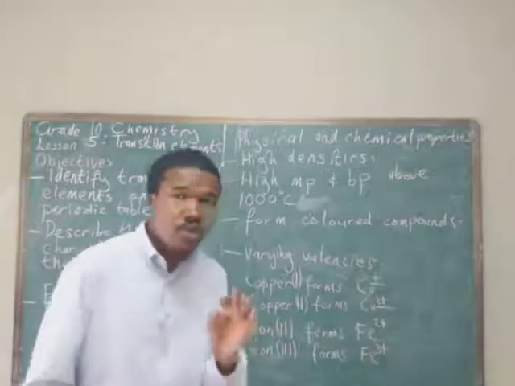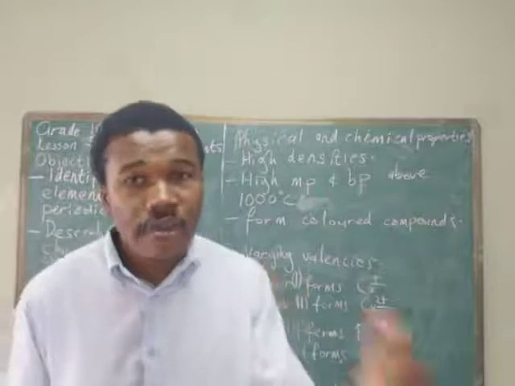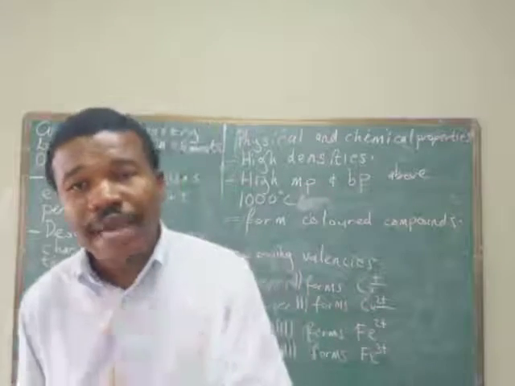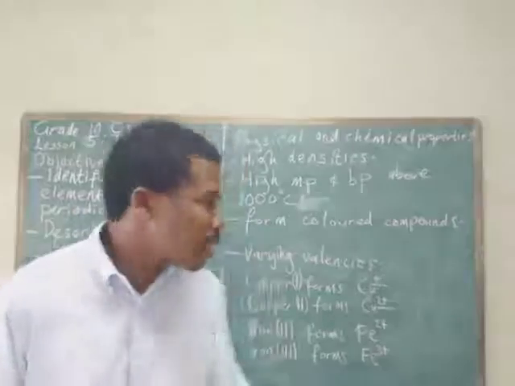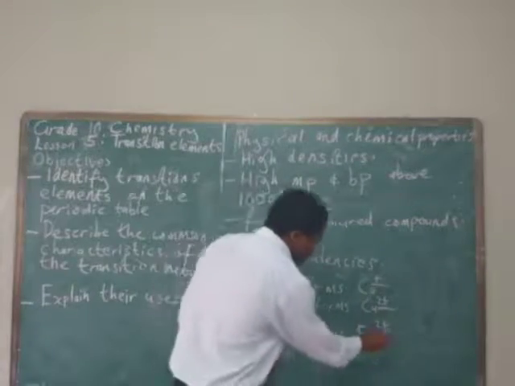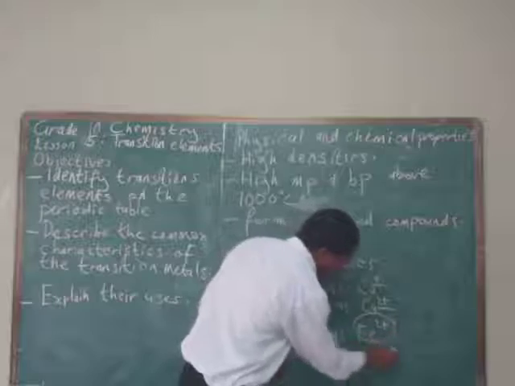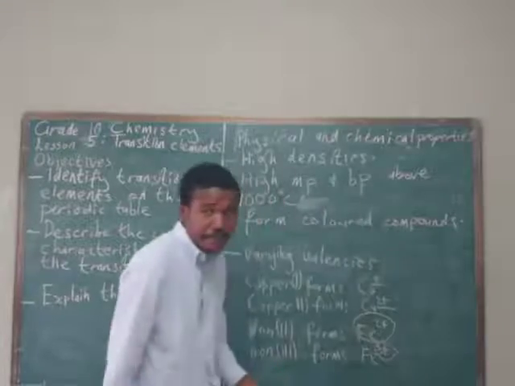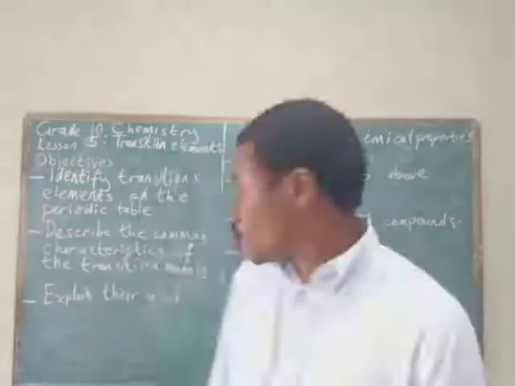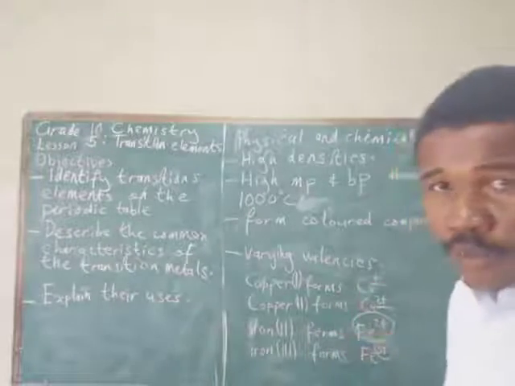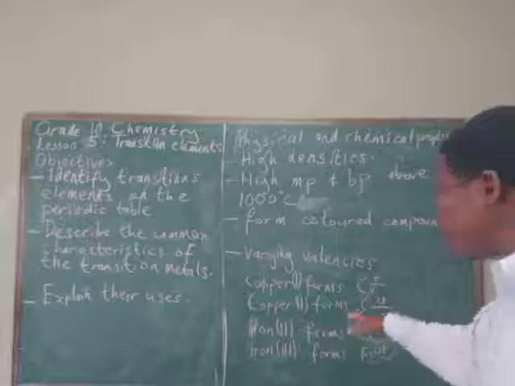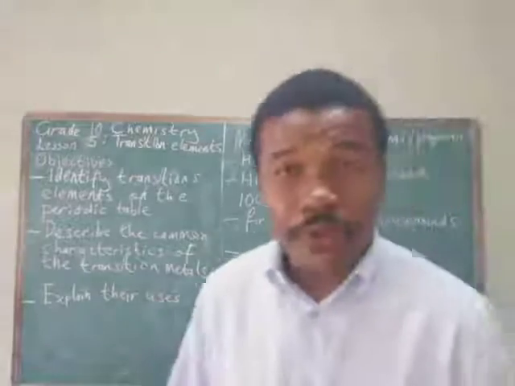Sometimes you will find iron having 2 electrons in its outermost shell, or sometimes it will be having 3 electrons in its outermost shell. And this determines which ion it forms. Sometimes it will form iron 2, sometimes it will form iron 3. Right? So iron 2, the one that has 2 electrons in the outermost shell, will form Fe2+. Iron 3 forms Fe3+, iron 3 plus.